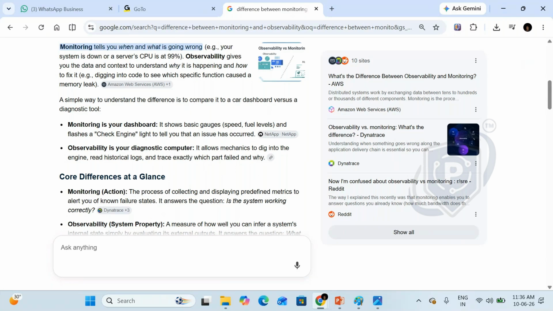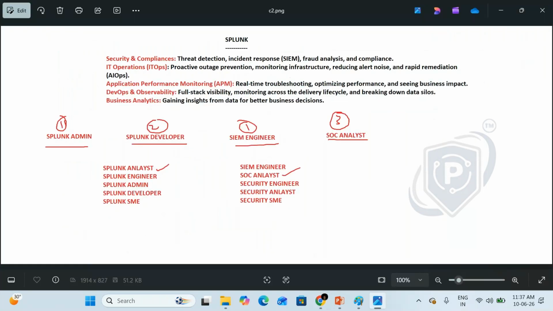Even that we are going to cover in our classes. It's not in depth, but whatever knowledge is needed, we will cover. Now it can also be used for business analytics. Business analytics means gaining insights from data for better business decisions. What is my business? What are the sales? What is actually happening in my business?